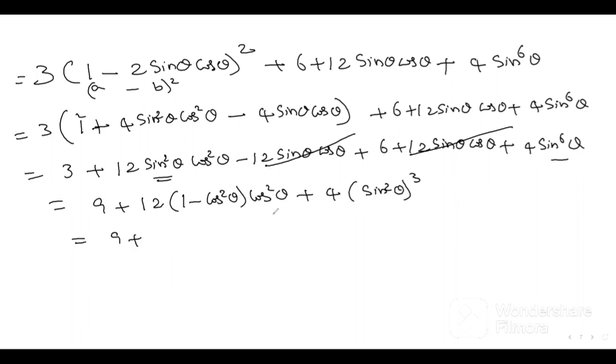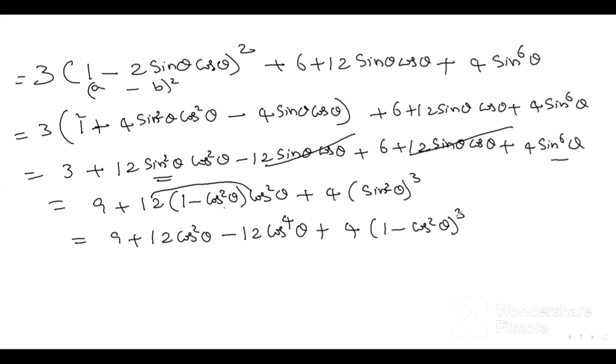So 9 plus 12 cos square theta multiplied to (1 minus cos square theta): 12 cos square theta into 1 is 12 cos square theta, minus 12 cos square theta into cos square theta, we get cos to the power 4 theta. Here for sin square theta, we have the formula, so (1 minus cos square theta) whole cube. 9 plus 12 cos square theta minus 12 cos to the power 4 theta.